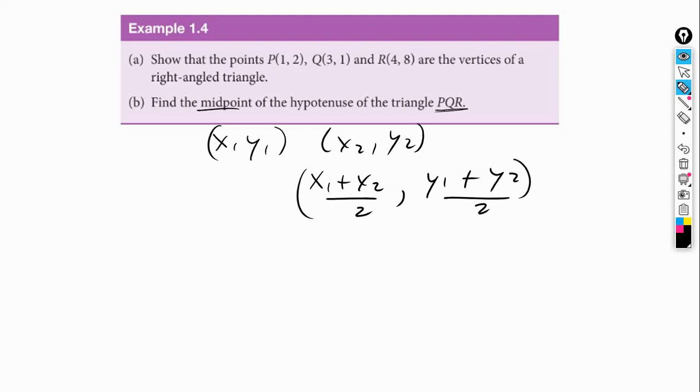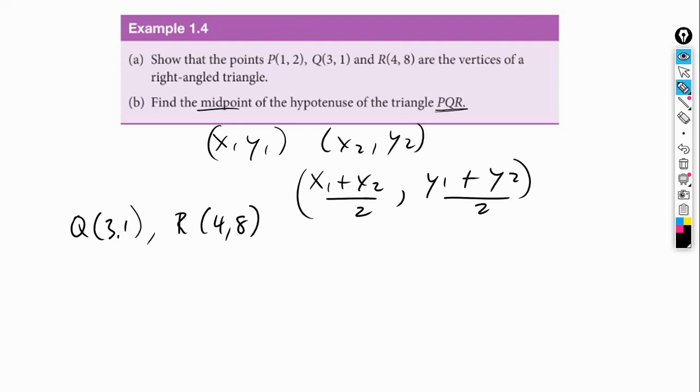And because you want the midpoint of the hypotenuse, remember that the hypotenuse was QR. So we need to find the midpoint between Q, 3 comma 1, and R, which is 4 comma 8.